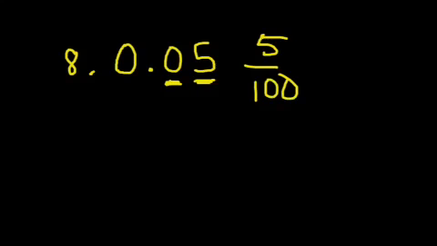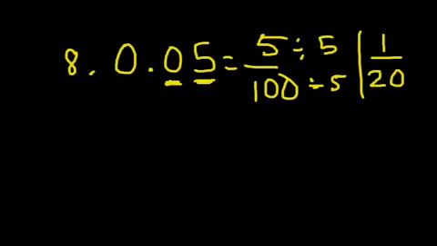Now that's a little tricky because the 5 goes out to 2 places, so it needs to be over 100. All right? So you're going to put 5 over 100, and we simplify it. So we divide both of them by 5. And we get 5 divided by 5 is 1, and 100 divided by 5 is 20. So it's 1/20th.